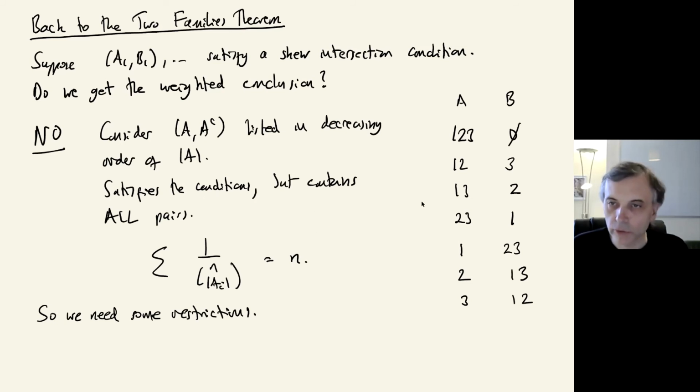This order satisfies the skew intersection condition, but it contains all pairs. So the sum of 1 over n choose A gives you n. So it's not bounded by 1 at all. It goes catastrophically wrong.